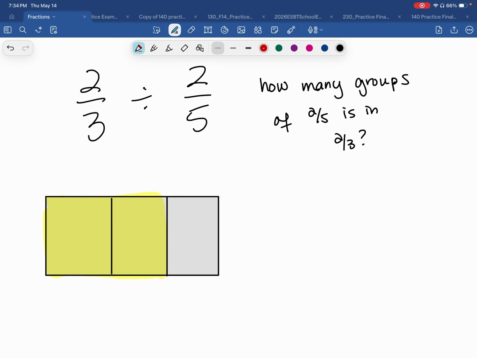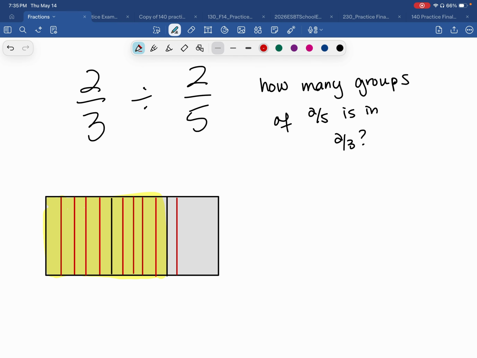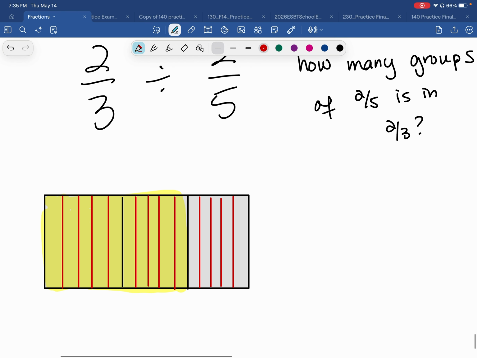So I'm going to divide each one into 5 pieces. Okay, and I'm going to keep going, divide this one as well. Okay. All right, and we're dividing into fifths.